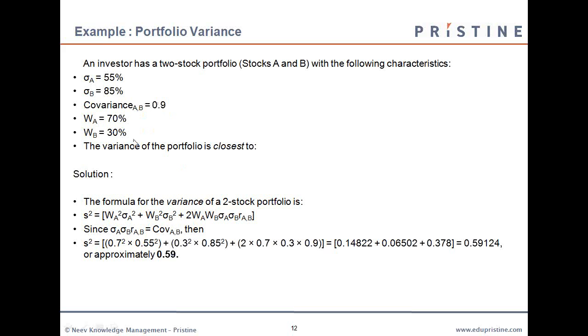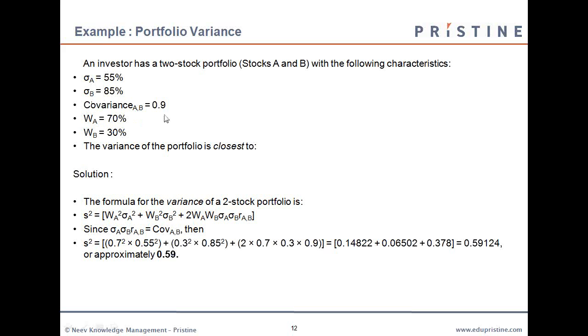So as you know, the correlation of asset A and asset B is equal to the covariance of asset A and asset B divided by the standard deviation of asset A and the standard deviation of asset B. So in this case, we will first find out the correlation between asset A and asset B. And how to do that?